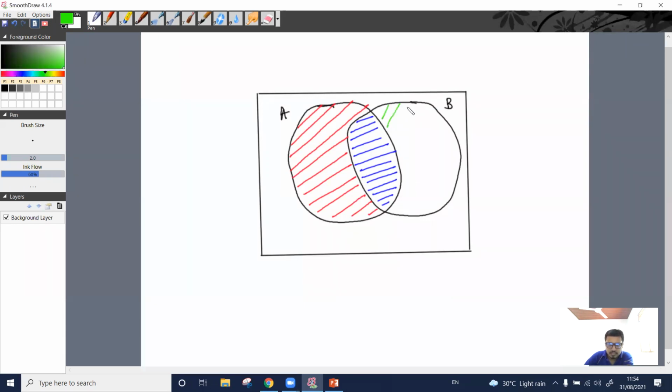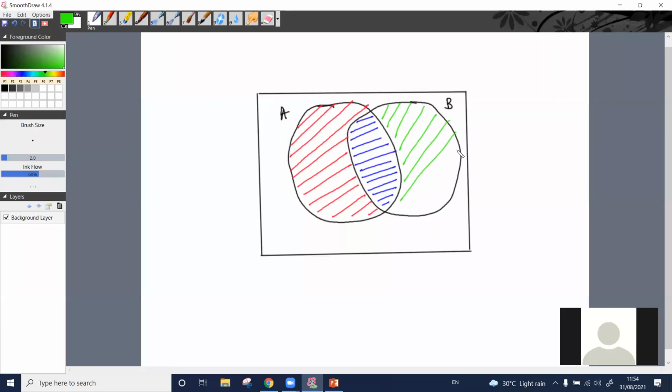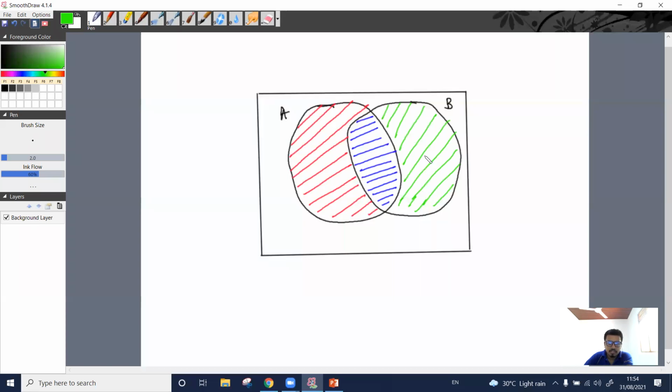What about this? Only B. Yes, area belongs only to B. The part that belongs only to B, only to B. If we take all the highlighted areas, what does it mean?